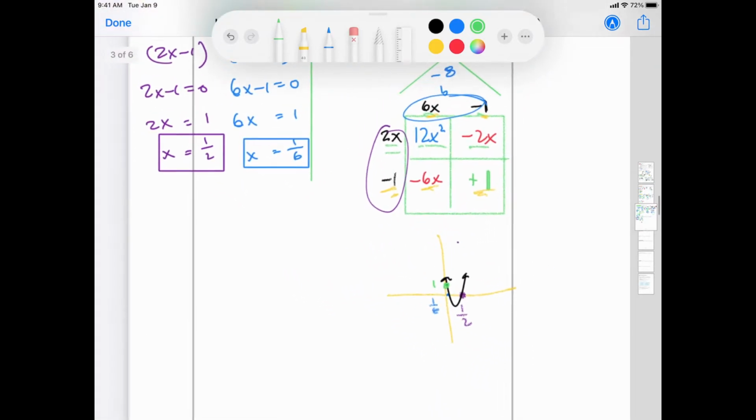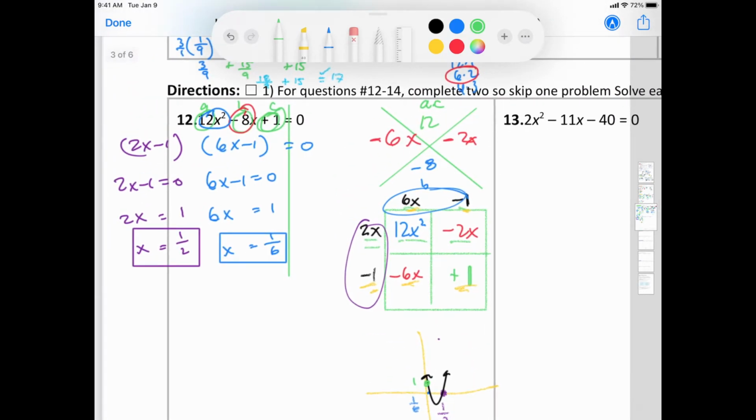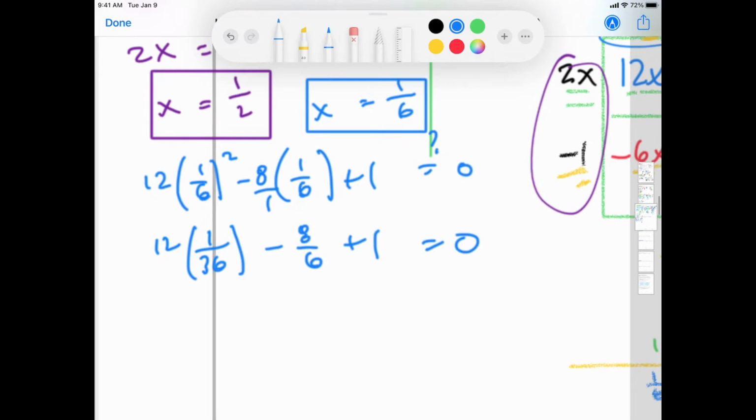Let's go ahead and quickly check our answers here. What do we got? 1/6. 12 times (1/6) squared minus 8 times 1/6 plus 1. 1/6 squared is going to be 1 over 36. Just multiply across, you'll get negative 8 over 6 plus 1. Is this equal to 0? Put it over 1, 12 over 36.